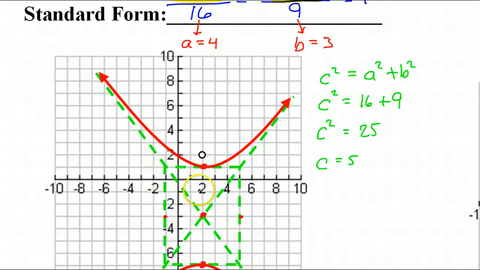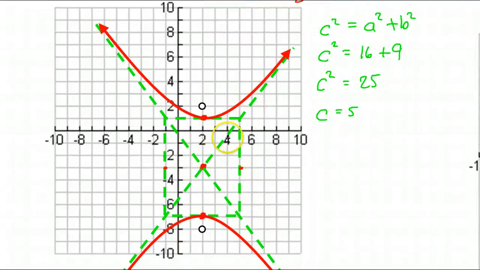So just pick either one of these lines. I usually just look at the positive one and look at the rise and the run. As I go from the center to the corner, I'm going up 1, 2, 3, 4, and over 1, 2, 3. So that's 4 over 3, rise over run.